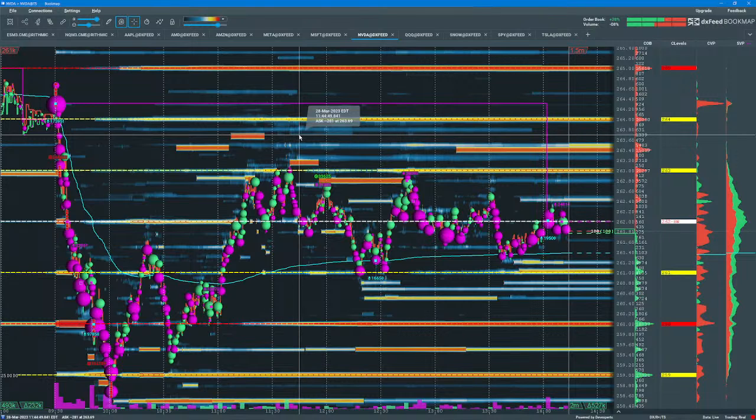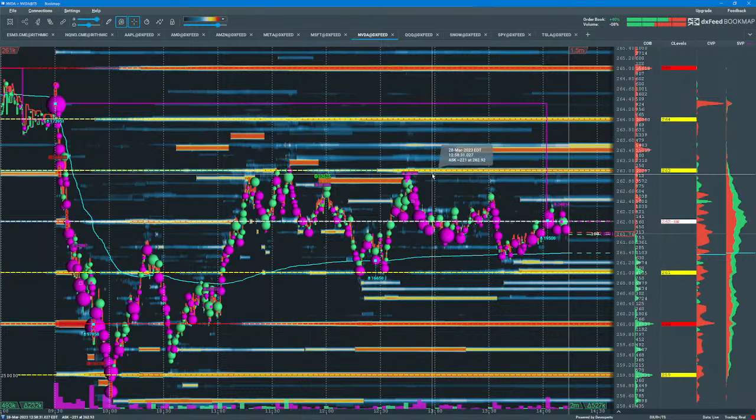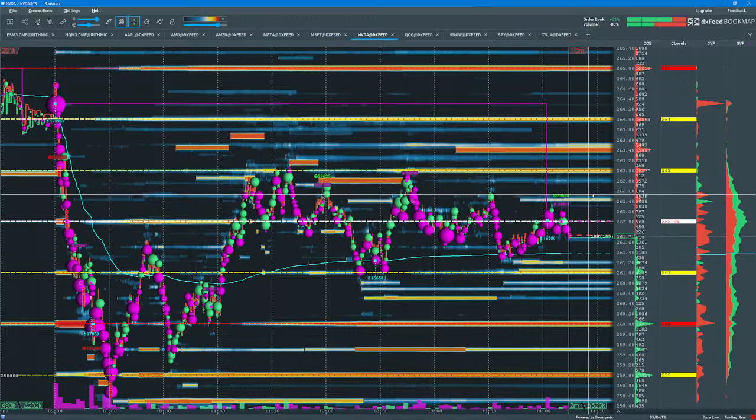And RJ says this 275 call wall for NVIDIA last week has been the high on NVIDIA. And that's not surprising. NVIDIA for the last few weeks has been very strong, so it looks like it's consolidating today. Sharp move lower, confirmed by options trades hedging flow.